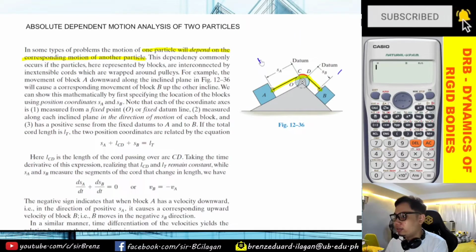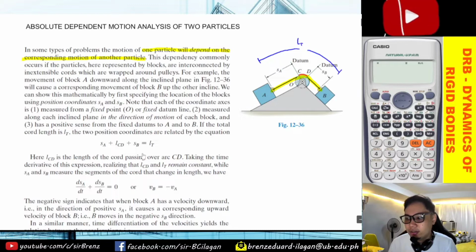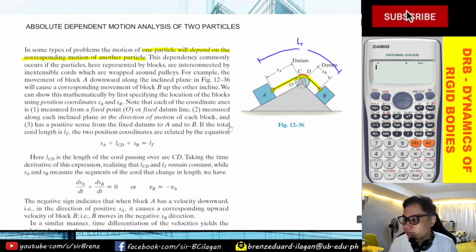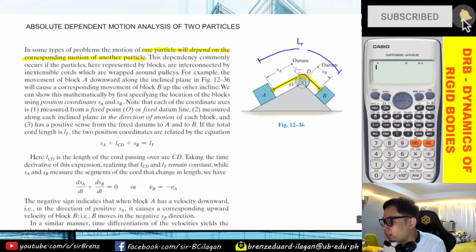Ito yung L sub T. Total length of the cord or the cable. Okay? So, itong length na yan, this is also fixed o constant.